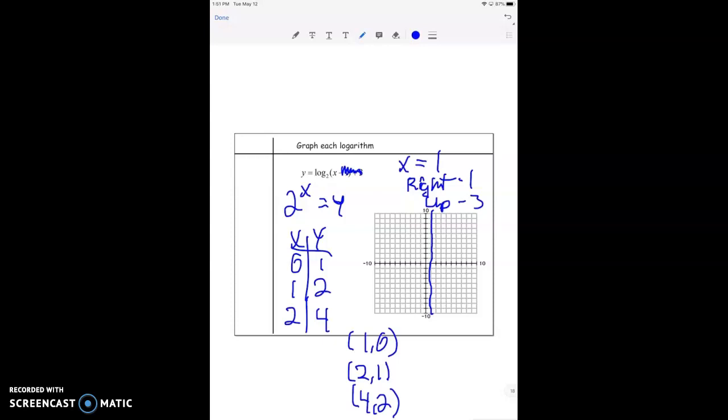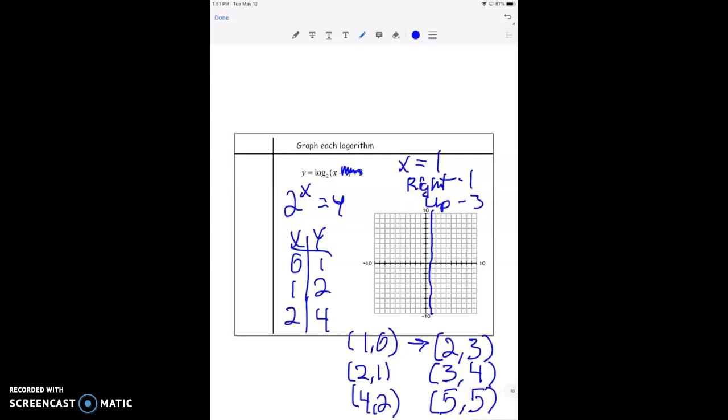Now, because I have a right and an upshift, I have to add to both columns. The right/left goes with the X column. The up/down goes with the Y column. So in this case, my right 1 shift would just be +1 to the X. So +1 to the X would be 2. And then up means +3, so +3 to the Y. Again, +1 to the X, +3 to the Y. +1 to the X, +3 to the Y. So these are my points now.